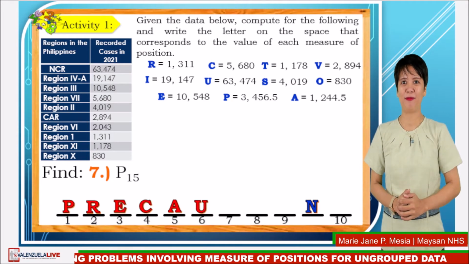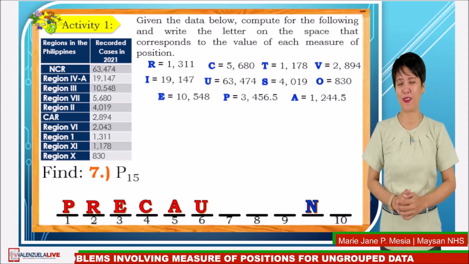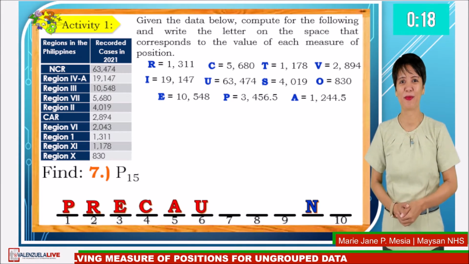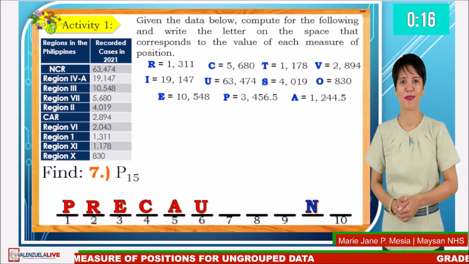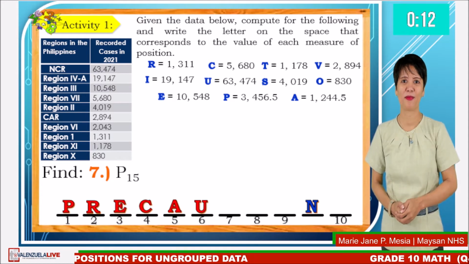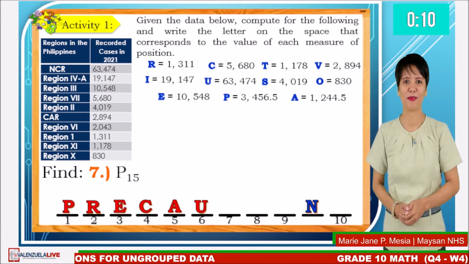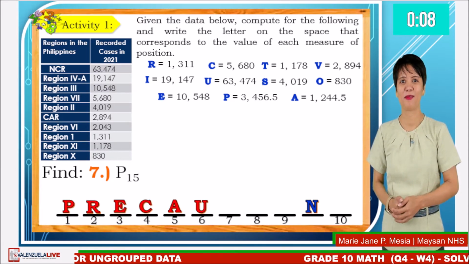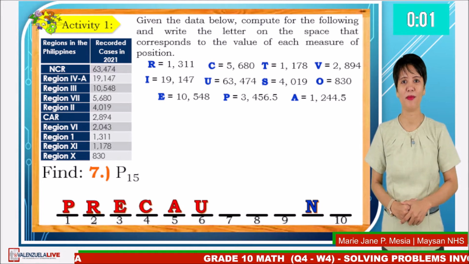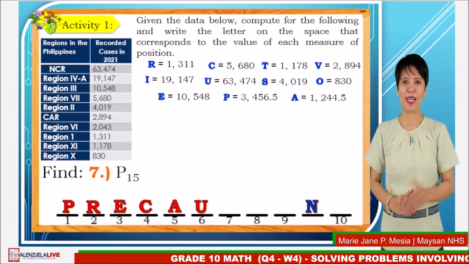Number 7. Find P sub 15. Set the timer now. Okay, time's up.